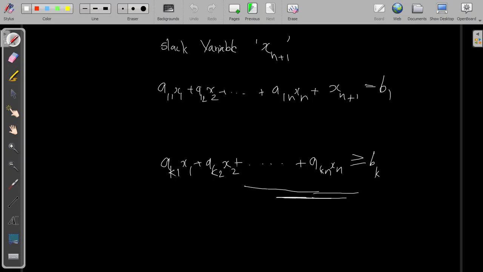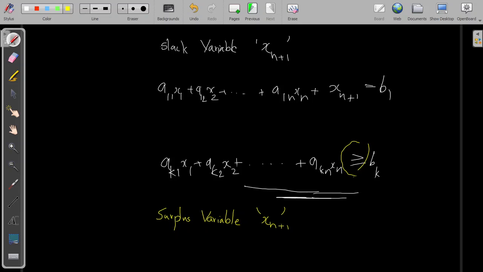You have to convert this inequality constraint into the standard form of LPP, that is, convert this greater than or equal to sign into equal to sign. So what happens is I'm subtracting another variable, that is known as the surplus variable, and it is another decision variable, that is xn plus 1.